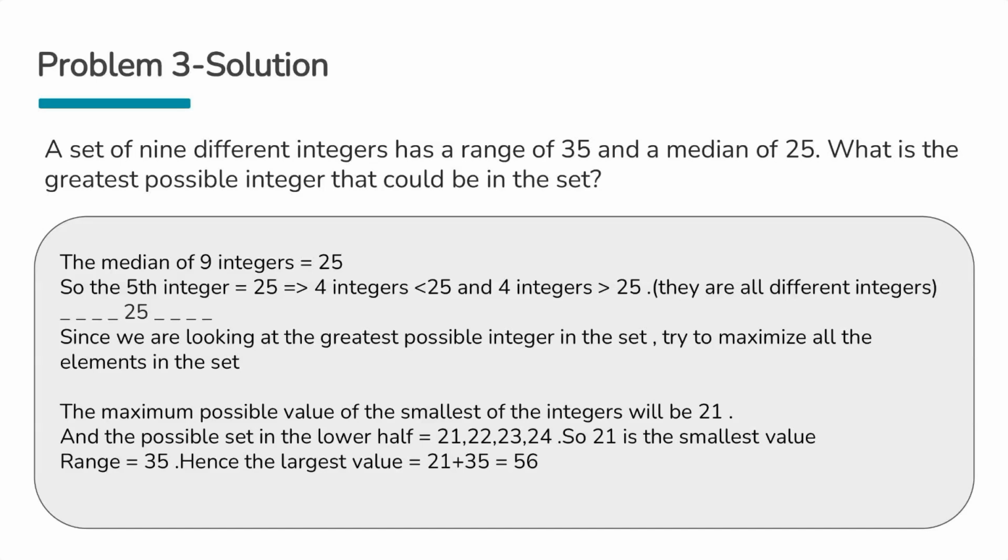With 21, I get the highest number as 56. But if I make it lesser, make it 20, then the last number will be 55, which is lesser than 56. But I need this to be the greatest possible integer. So this is the only way I can get the greatest possible integer, given that the set of 9 integers are different. Clear? Understood?